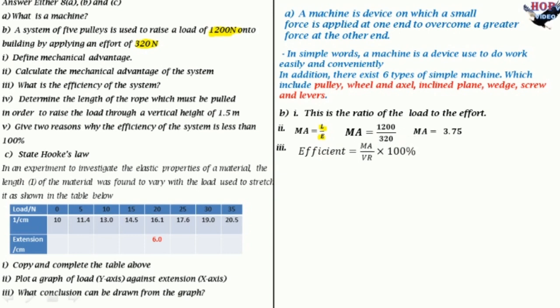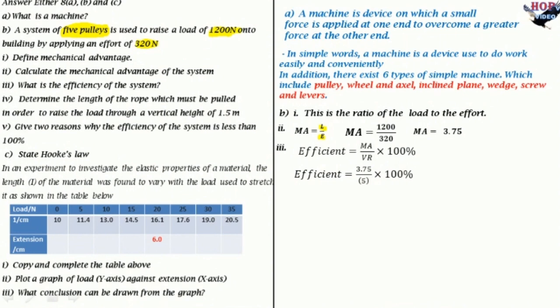Efficiency is mechanical advantage over velocity ratio times 100. 3.75 gotten here, and 5 here, which is the velocity ratio. I know you'll be asking yourself, where does this 5 come from? Actually, if we go back to the question here, we were given a system of 5 pulleys. 5 pulleys means that the velocity ratio of the system is 5.